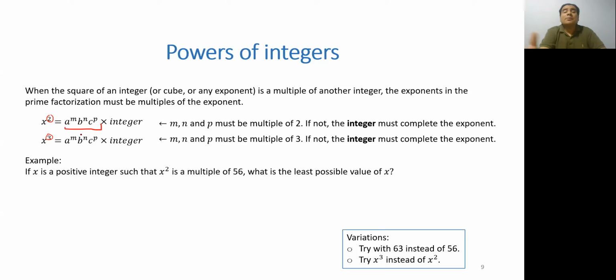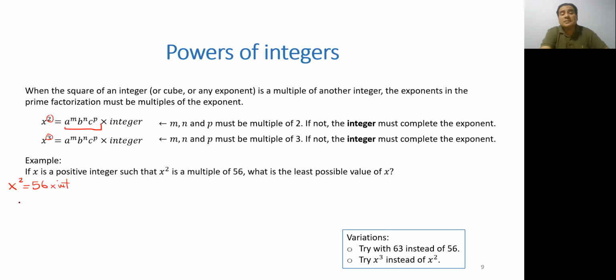Let's see an example to better understand this. If x is a positive integer such that x squared is a multiple of 56, what is the least possible value of x? Well, we can express it this way. x squared equals 56 multiplied by some integer.